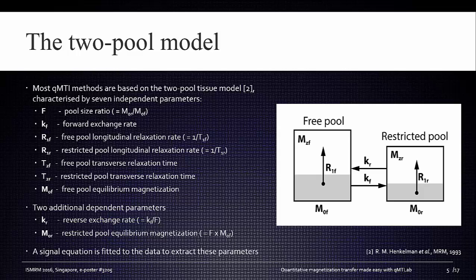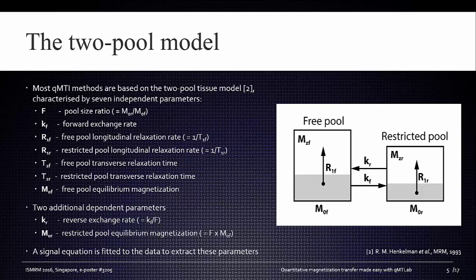Most qMTI methods are based on the two-pool tissue model that was developed by Henkelman back in 1993. This model is characterized by a number of different parameters, like the pool size ratio, which is defined as the ratio of the size of the restricted pool to the free pool.